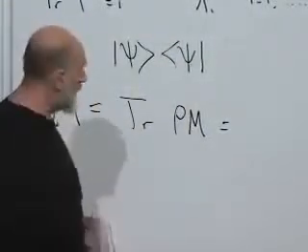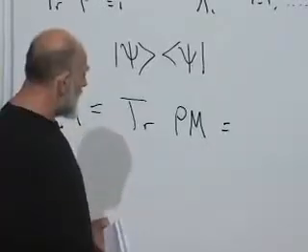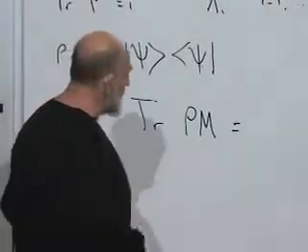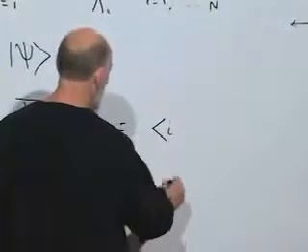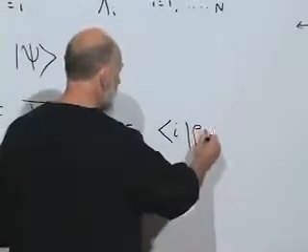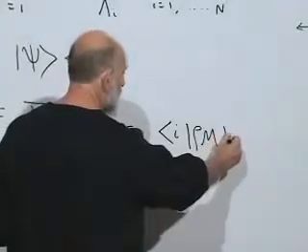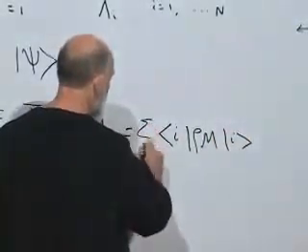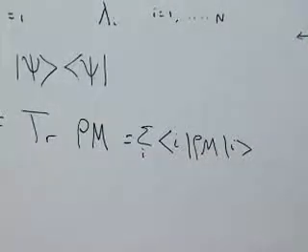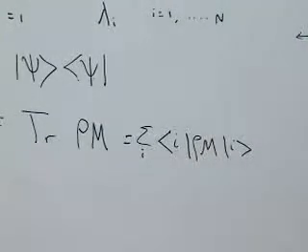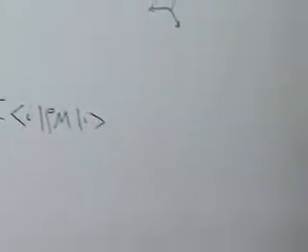Even if it's not diagonal in this basis, the trace is defined as the sum over i of the ith diagonal matrix element of the operator in question. You just take the ith matrix element and sum it over all i. That's the definition of the trace.